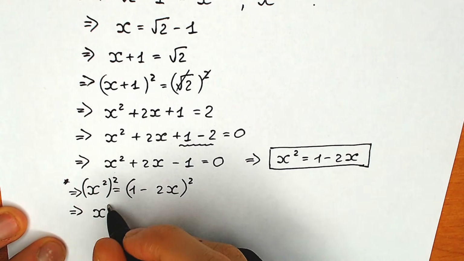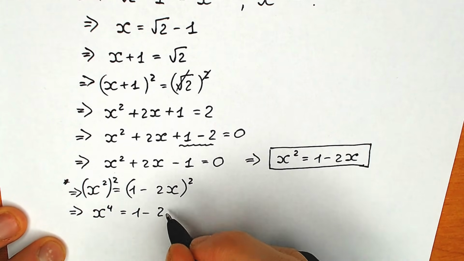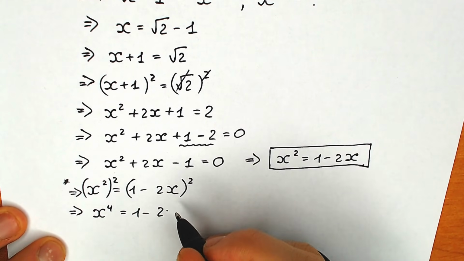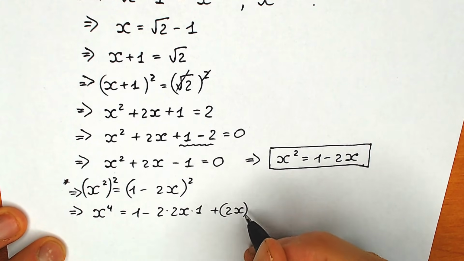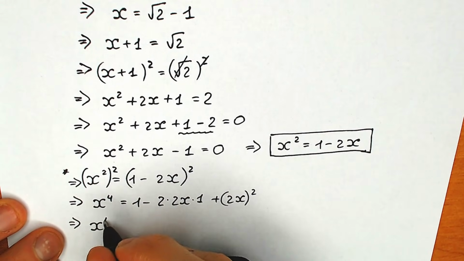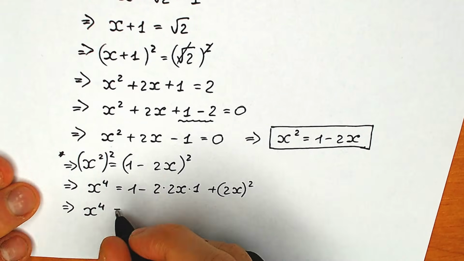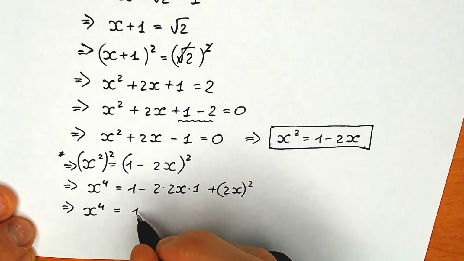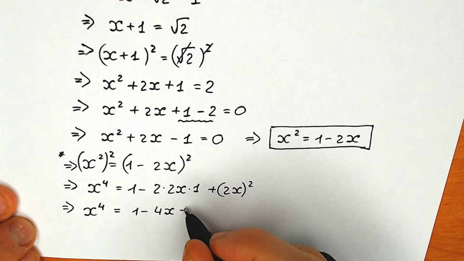So we have x to the power 4 equal to 1 minus 2 times 2x times 1, and plus 2x to the power 2, 2x squared. Let's simplify this. On the left side we have x to the power 4 equal to 1 minus 4x plus 4x squared.